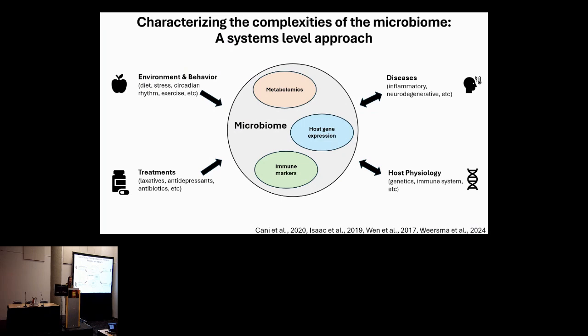Of course, drug treatments such as antibiotics can wipe out the positive commensal bugs and result in, for example, Clostridium difficile infection. There's also a feedback loop between host physiology, diseases, and the gut microbiome. To really understand how the microbiome can be modulated in order to effectively and safely treat these diseases, we have to approach this from a systems level.